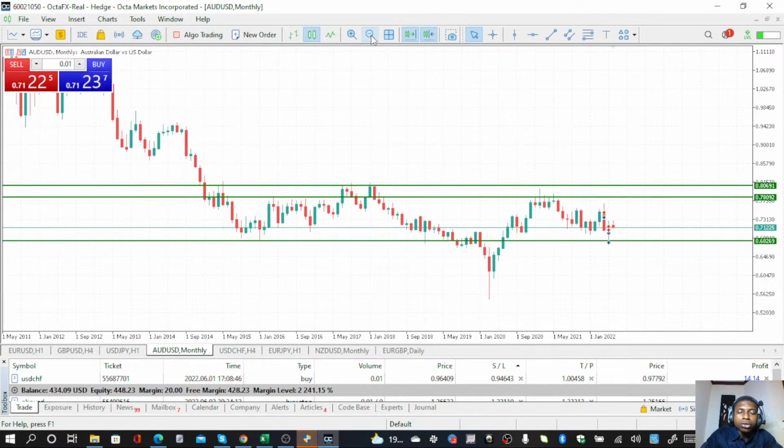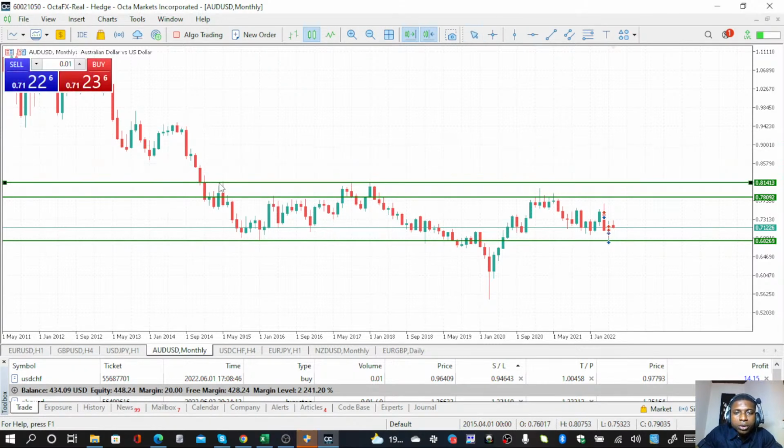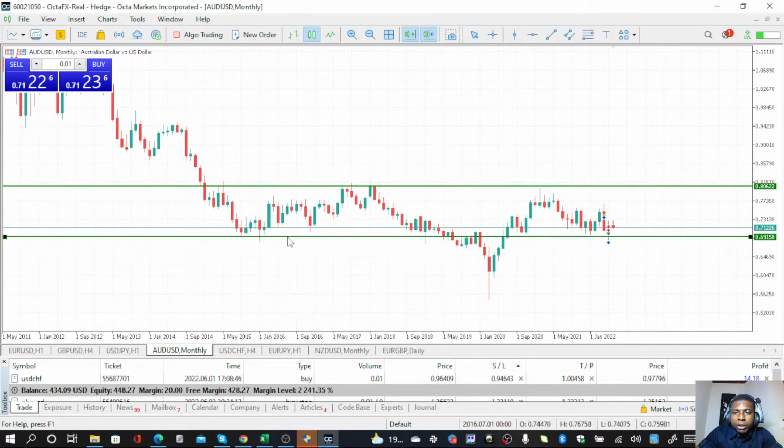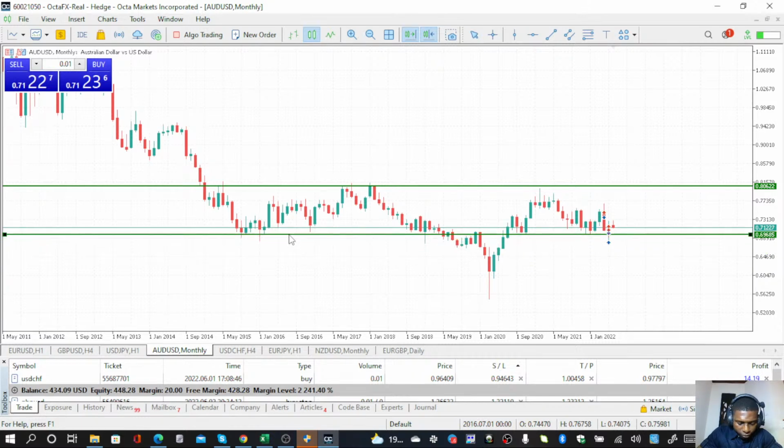The next thing is to outline what is going on by drawing lines. We place them on the resistance level and the support level. We see how the market is reacting within this range.